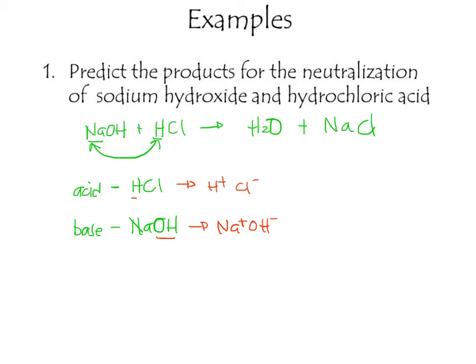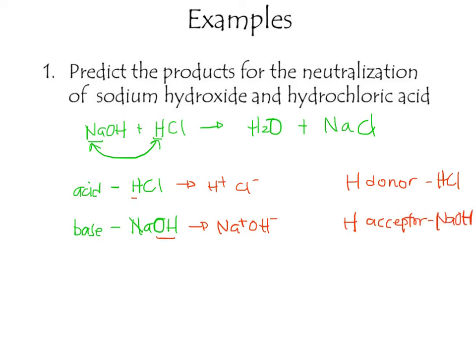That's just by the definition of Arrhenius acids and bases. Now, if we look at Bronsted-Lowry acids and bases, you can definitely tell which is the hydrogen donor, and that is HCl, and the hydrogen acceptor is sodium hydroxide.